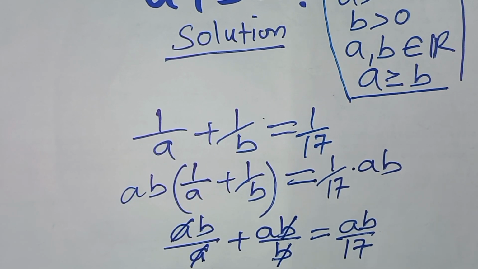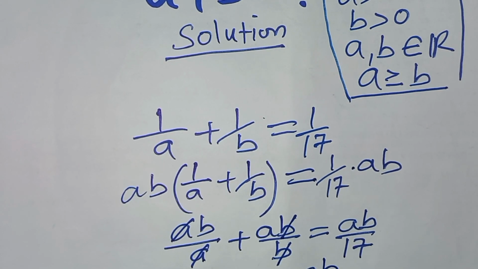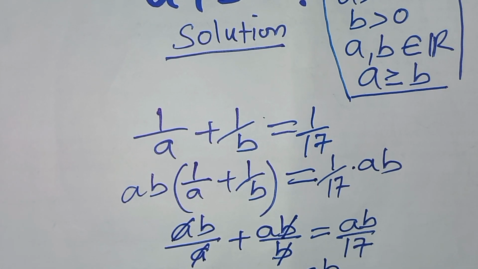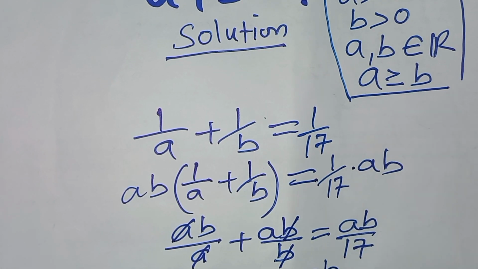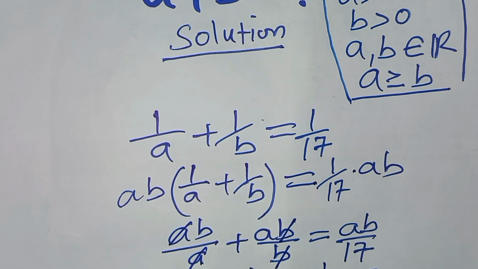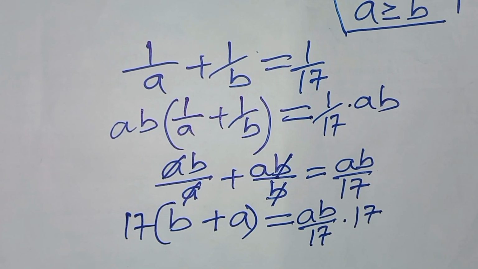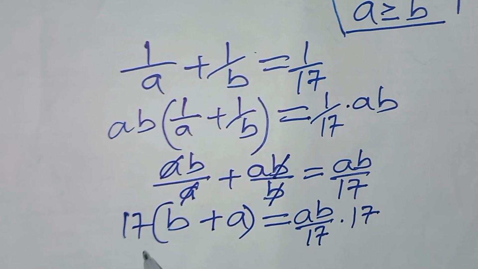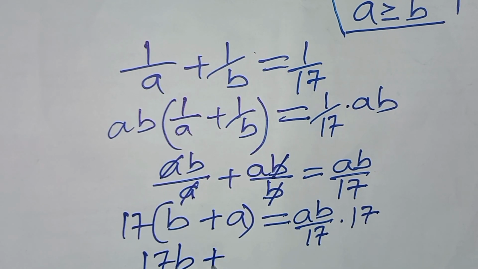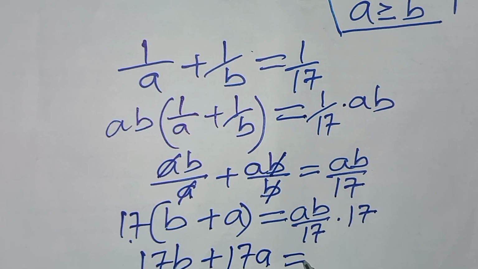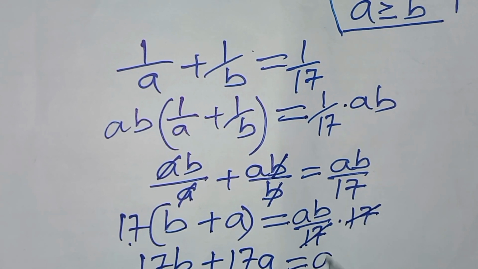This is equal to ab divided by 17. The next phase is to multiply 17 on both sides, so that we'll have 17b plus 17a, equal to ab.